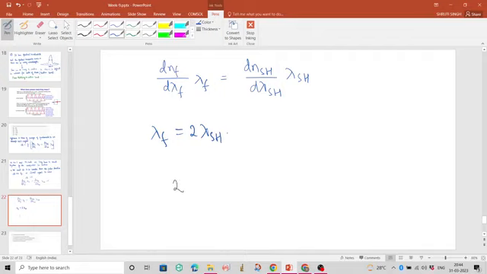We will get 2 dnf by d lambda f, because instead of lambda f we have put 2 times lambda sh, equal to dnsh by d lambda sh. Lambda sh will get cancelled on both sides. That is, the rate of change of refractive index with respect to the wavelength of the second harmonic should be twice that of the fundamental.